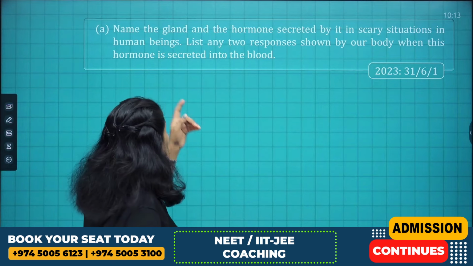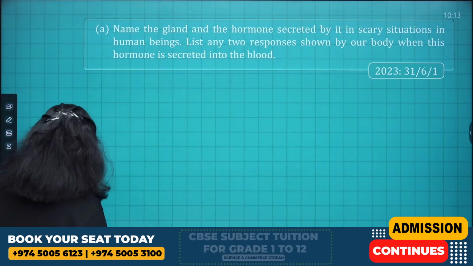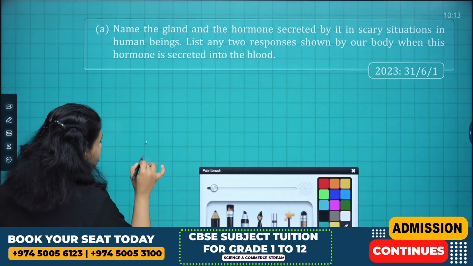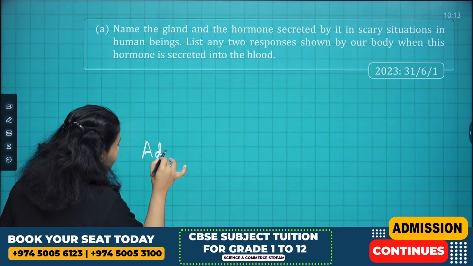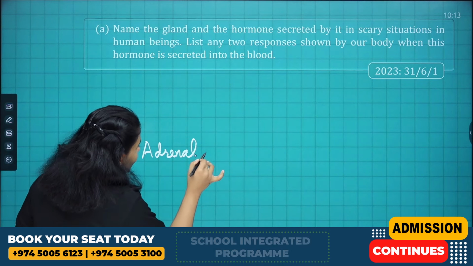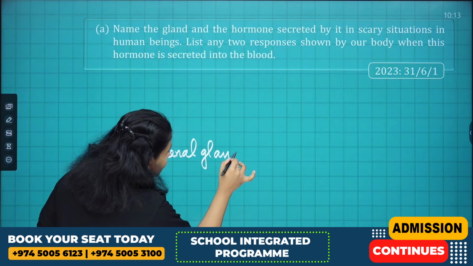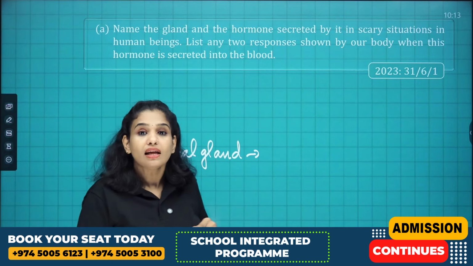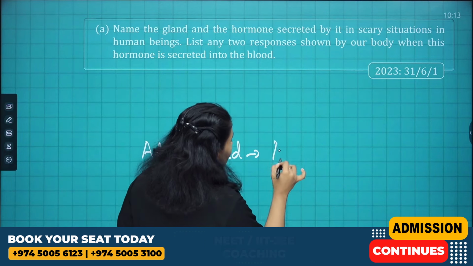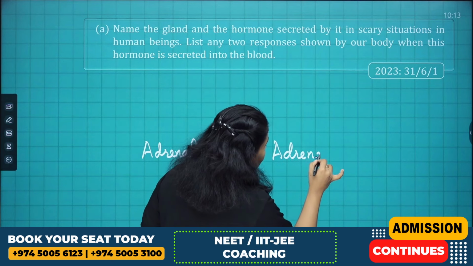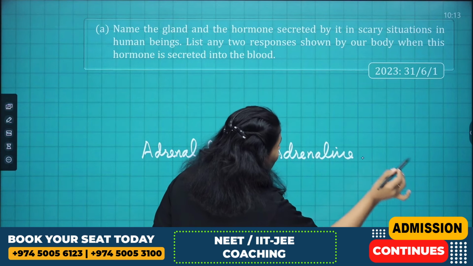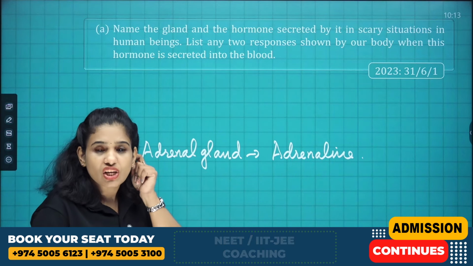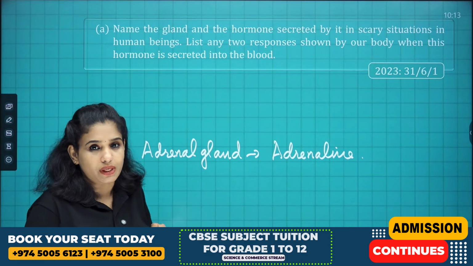Which gland produces the hormone? Adrenal gland. The adrenal gland produces the hormone called adrenaline, which helps us to face a scary situation.